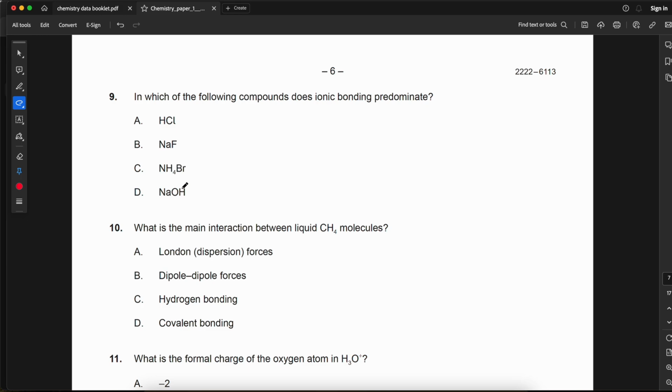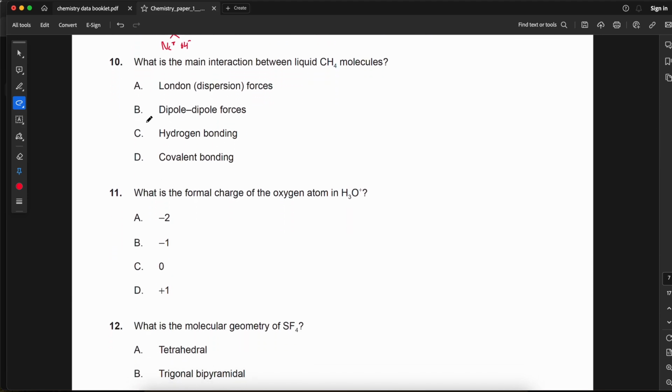So for NaOH, Na plus and OH minus. While ionic character between Na and O is there, due to the electronegativity difference between O and H there is also a covalent bond here. Therefore, NaF is more predominantly ionic.